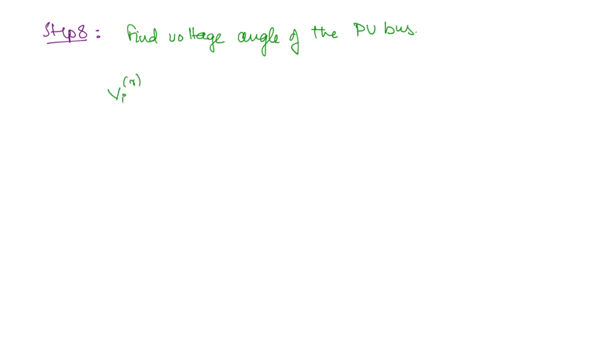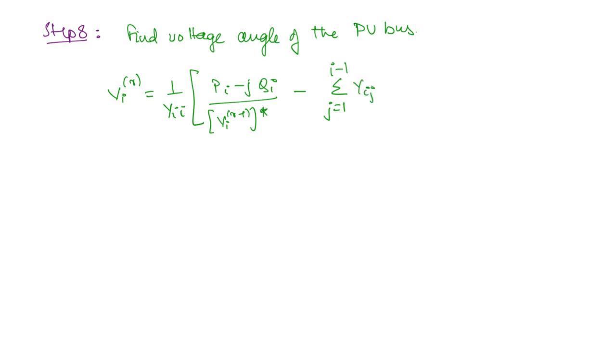Vi of r will be equal to 1 by Yii times (Pi minus jQi divided by Vi, r minus 1th iteration conjugate), minus sigma j equals 1 to i minus 1 Yij Vj at the rth iteration, minus sigma j equals i plus 1 to n Yij Vj, r minus 1.